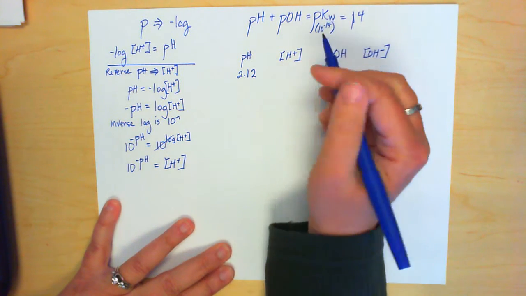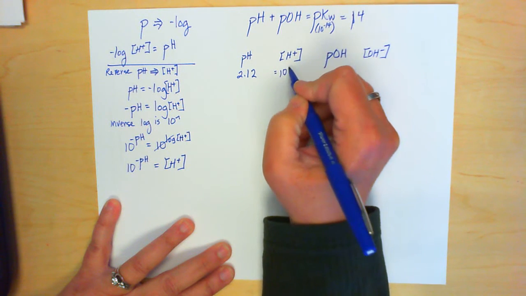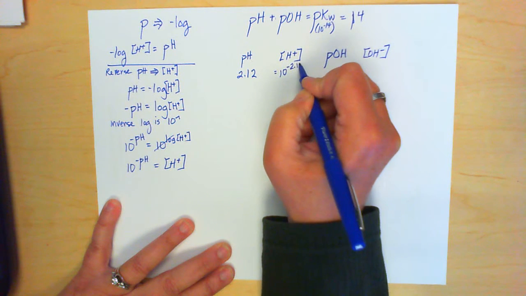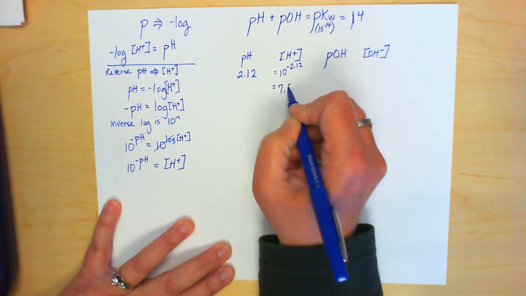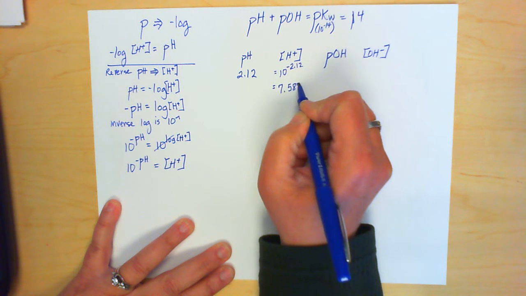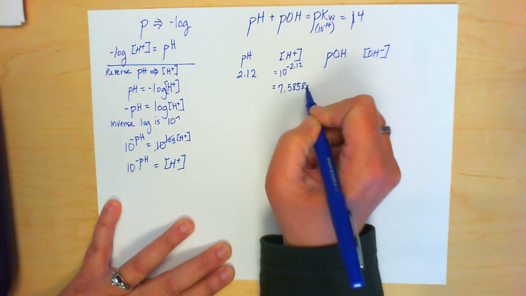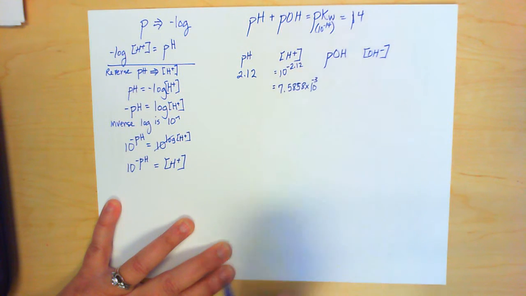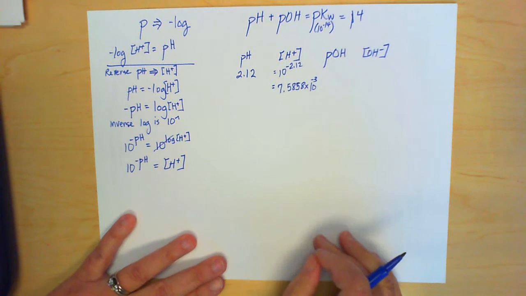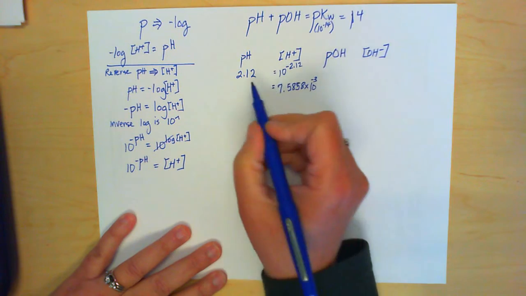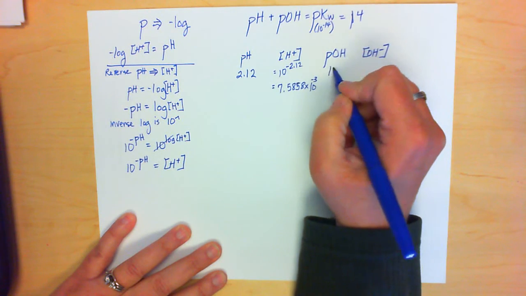Now, to find the H plus concentration, it is going to be equal to 10 to the negative 2.12, which comes out equal to 7.5858 times 10 to the minus 3. Should have made my columns bigger. If we're going to go across, then we can say, okay, wait a minute.